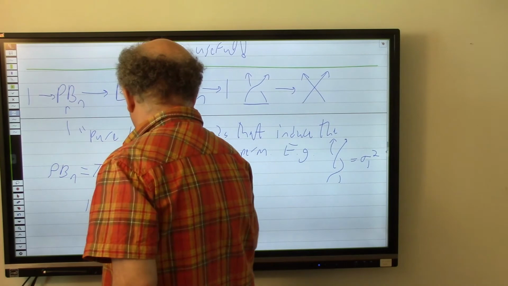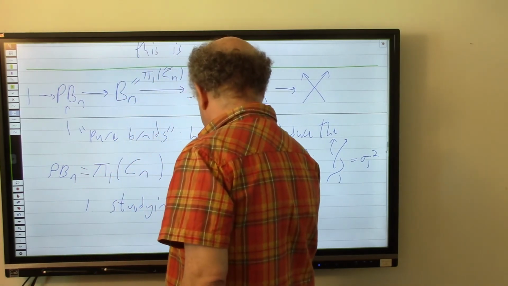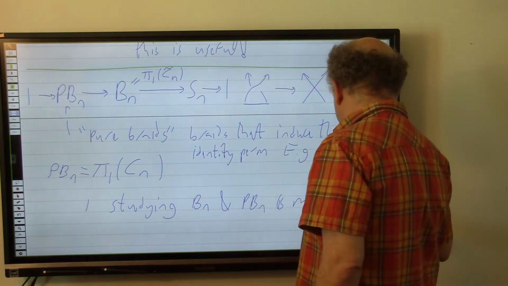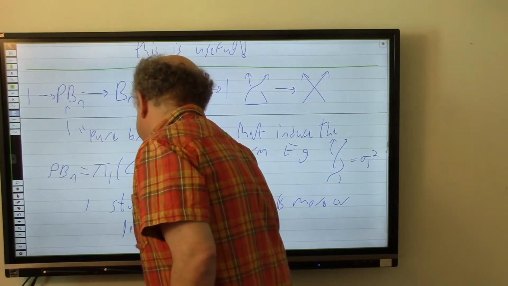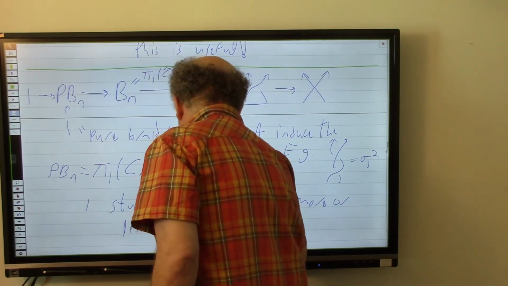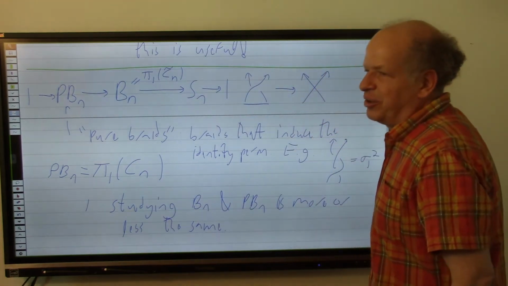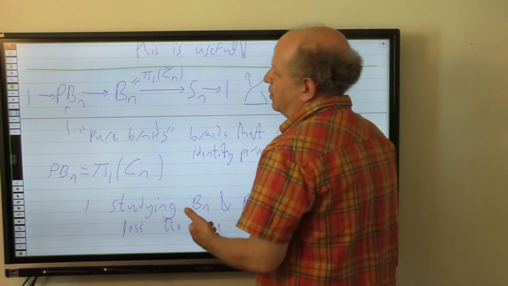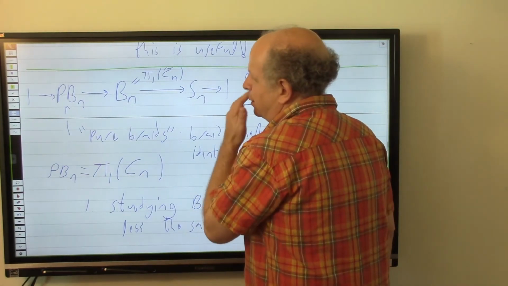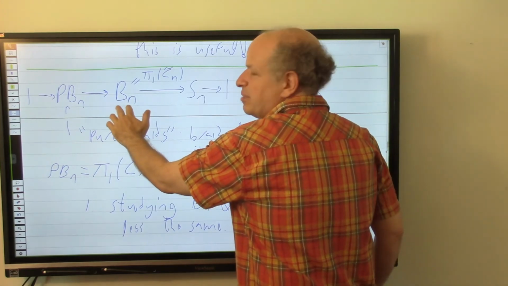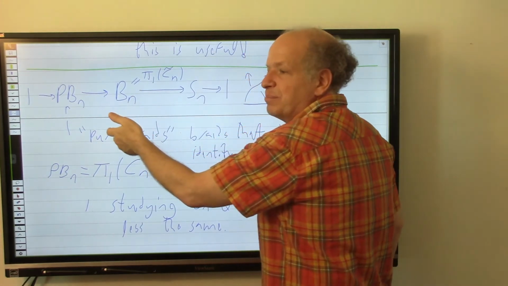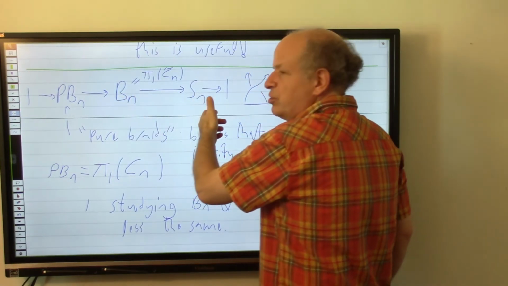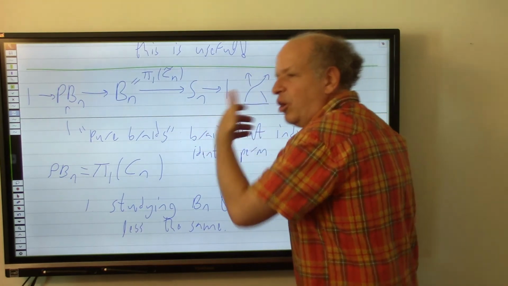Studying Bn and PBn is more or less the same, and I'm being informal here. So basically, suppose you have two elements of Bn and you want to decide if they're the same. If they induce different permutations, they're obviously not the same.